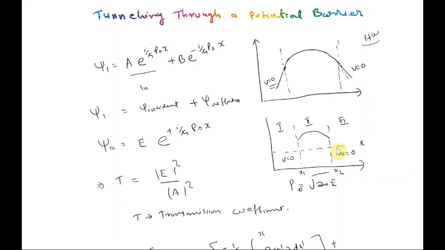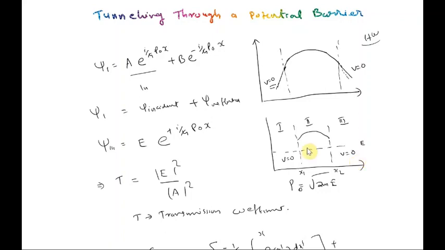The wave function over this part, psi 1, is not going to be the free particle wave function. It's going to be an exponentially decreasing component, depending on the region, so you have to choose it accordingly in regions 1 and 3.